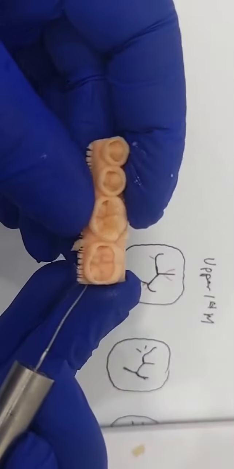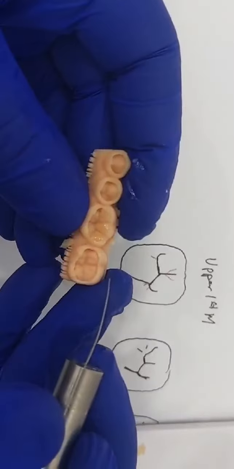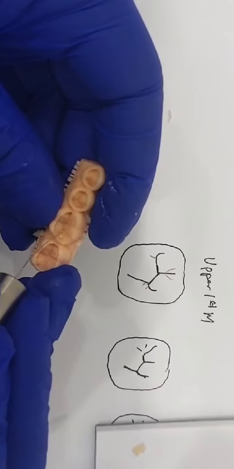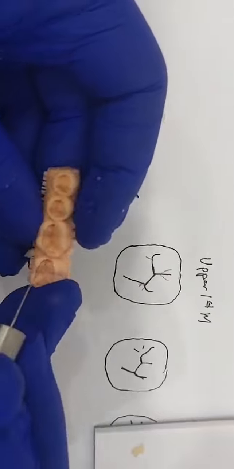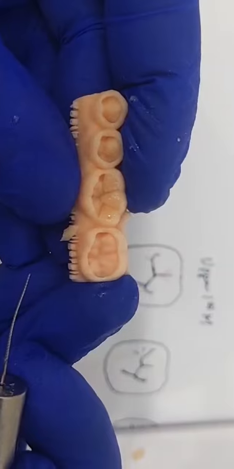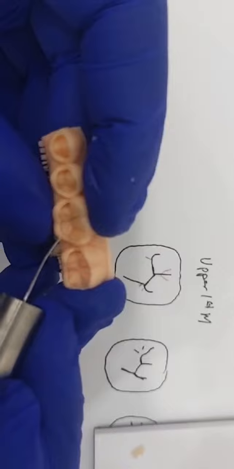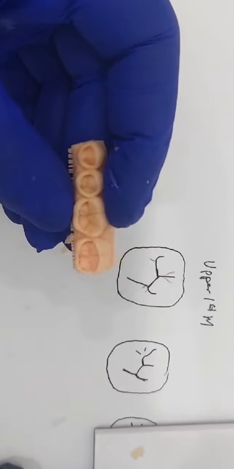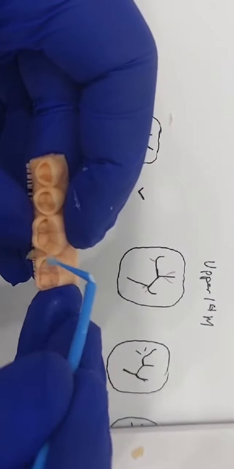Then once it's in the right spot, we'll just open up the fissures. When you open up those fissures, the darker A3 horizontal increments that you did before will show through. But it's still sealed underneath, so you don't have to worry about any sensitivity or anything like that.